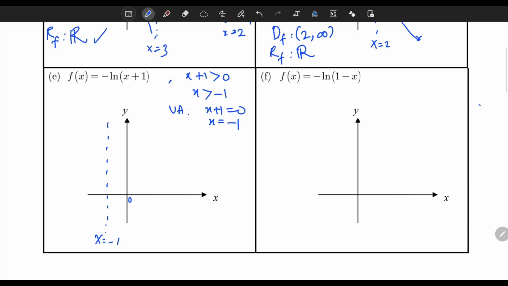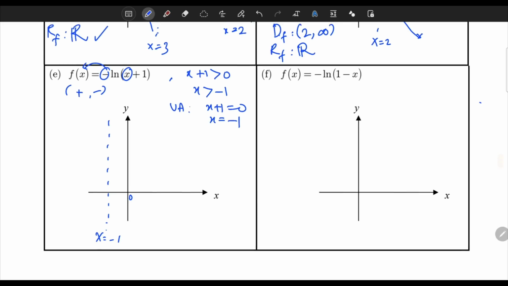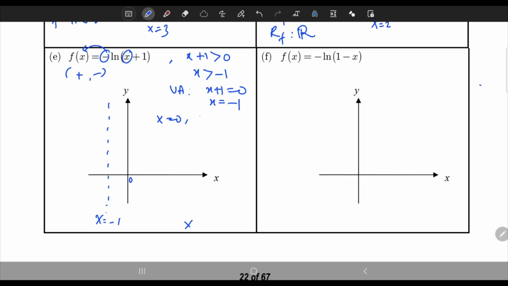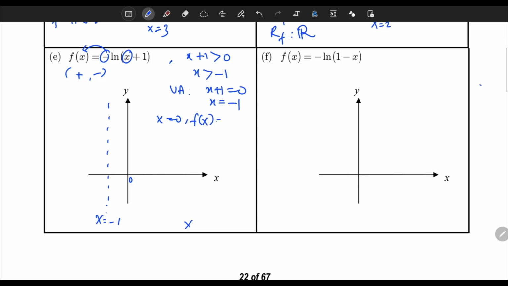Okay, next. X greater than negative 1. So meaning, you look at the outer point of the graph. So this is x positive. Here should be negative. Positive, negative. Where is that? That is in the fourth quadrant. Somewhere here. So that's the asymptote. Right? So we need to get the intercept. So when x is 0, we get f(x) equal to negative ln 1, which is also 0.